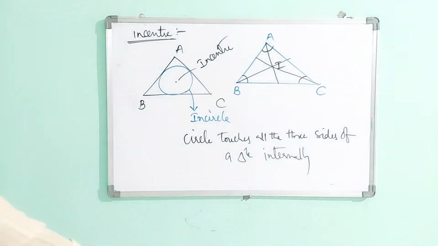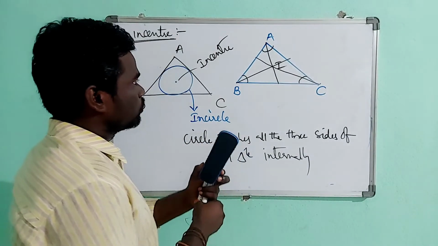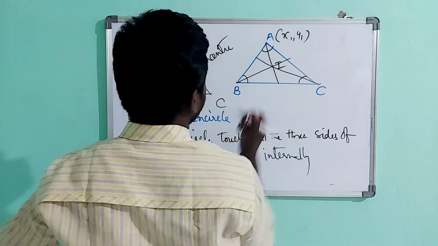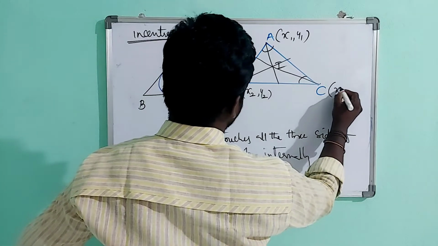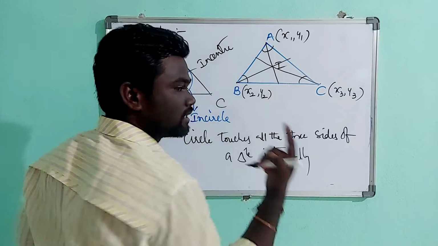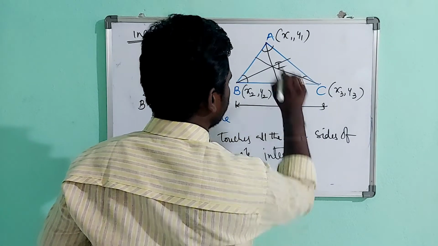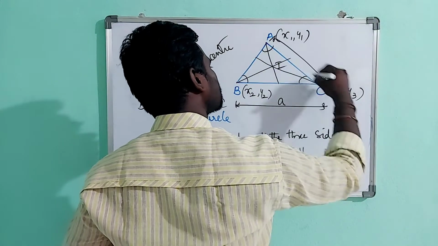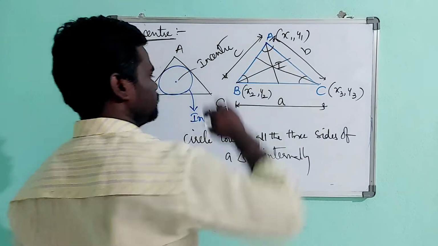Now, how to find the Incentre? Suppose A is (x1, y1), B is (x2, y2) and C is (x3, y3), and the length opposite to vertex A is small a, opposite to vertex B is small b, and opposite to C is small c.